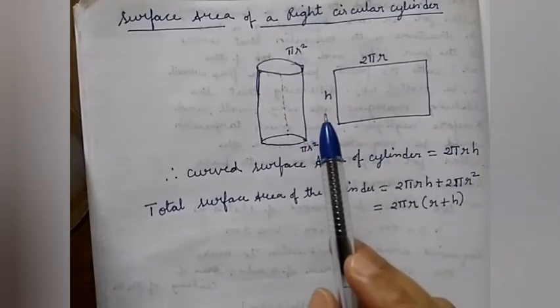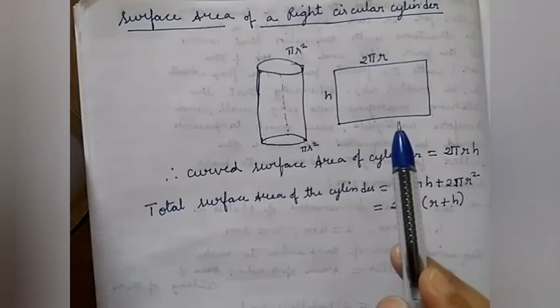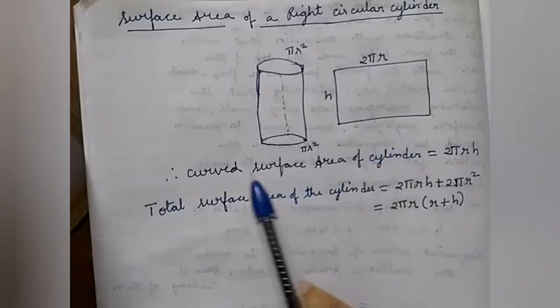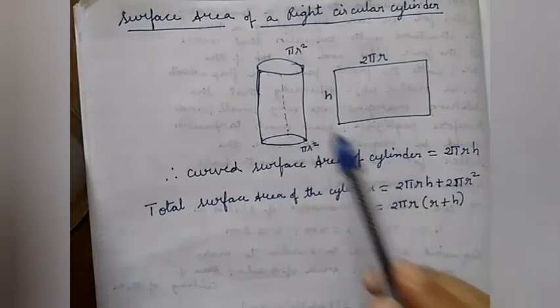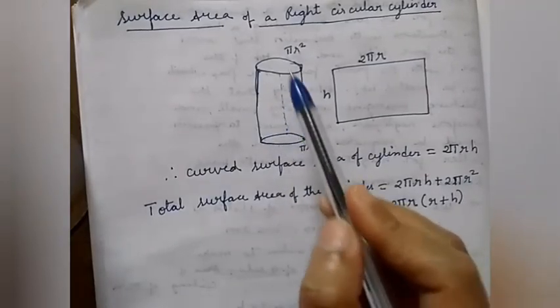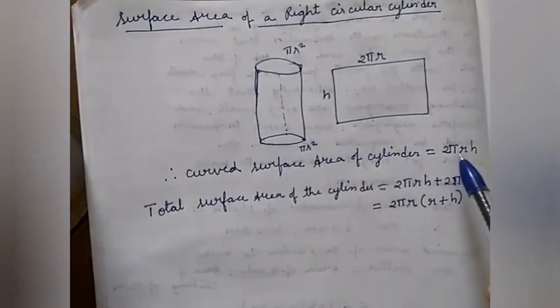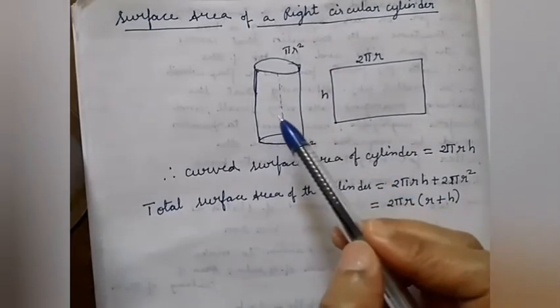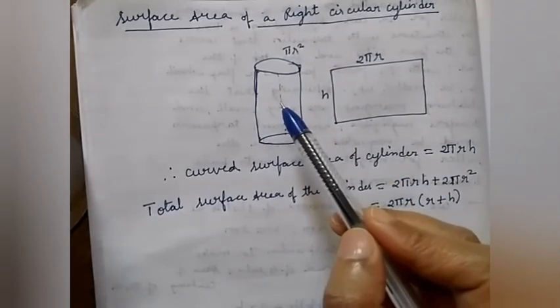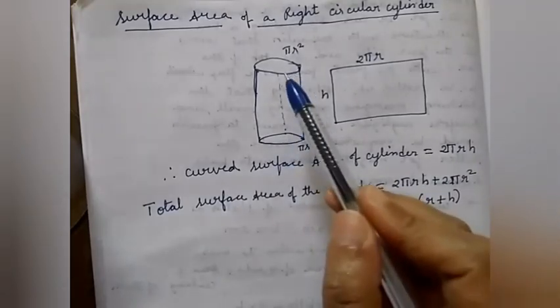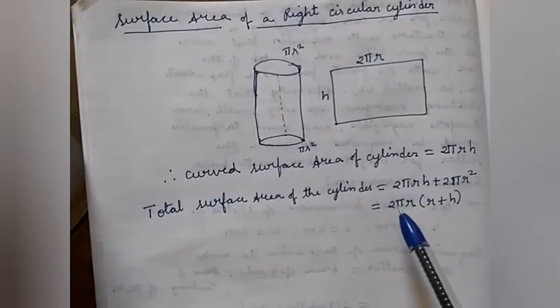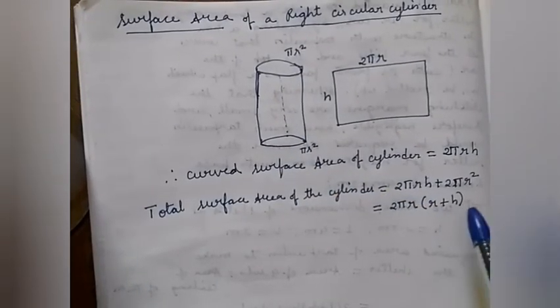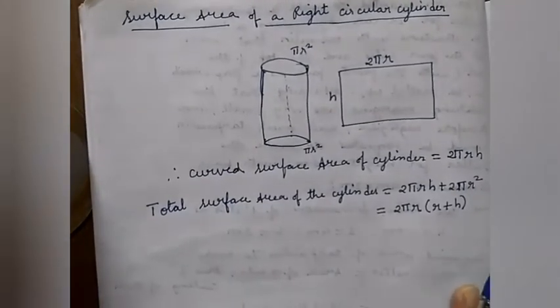In the right circular cylinder, the curved surface area, where the circles are not included, is 2 pi r h, whereas the total surface area, the curved surface plus the area of the circles, is 2 pi r into r plus h. Now based on this, let us solve problems.